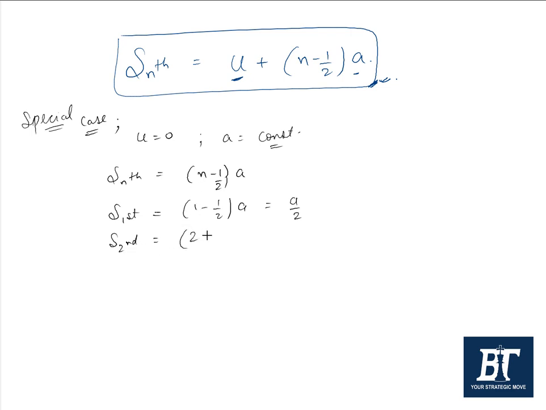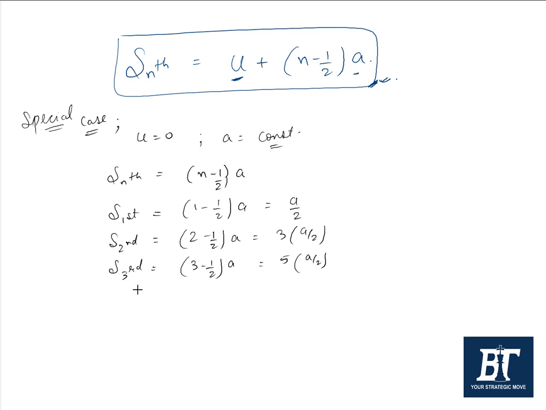So value of n here is 2. So (2 minus 1 by 2) into a, this will become 3 times a by 2. Similarly, the displacement covered by this body in third second of its motion is equal to (3 minus 1 by 2) into a. So 3 minus 1 by 2, 5 times a by 2.